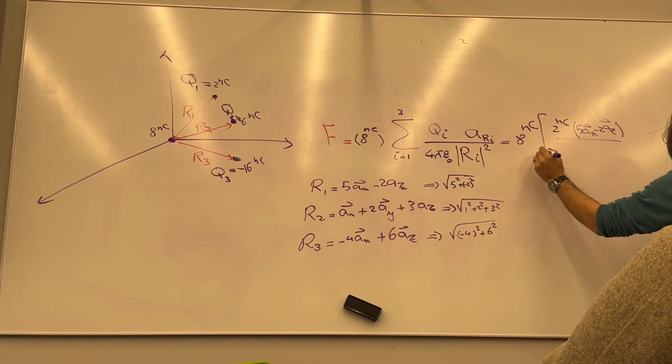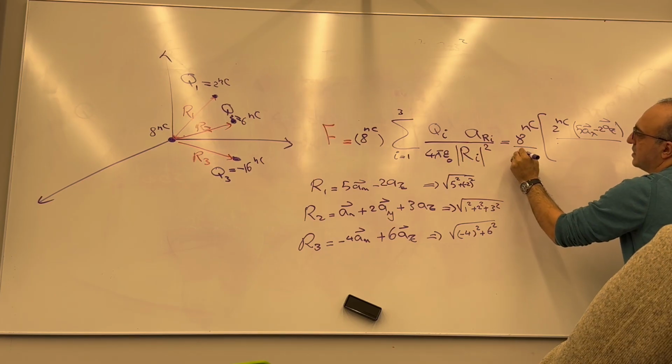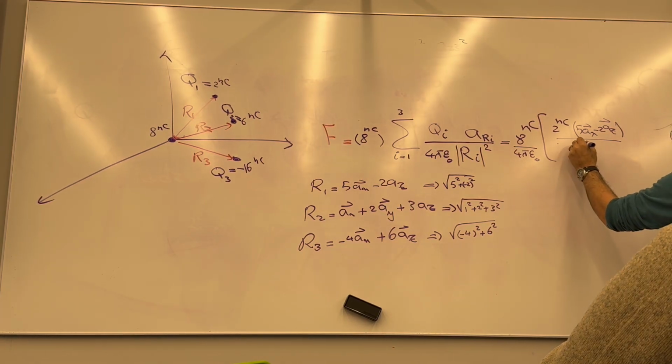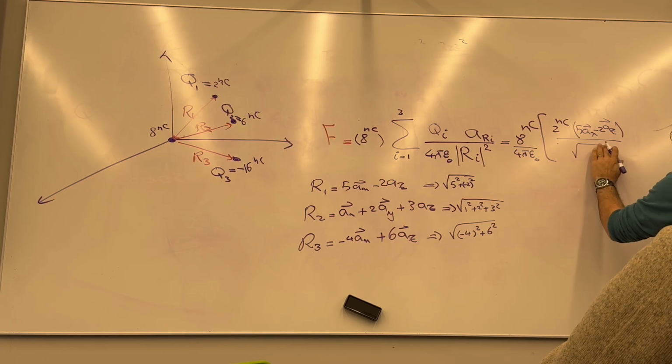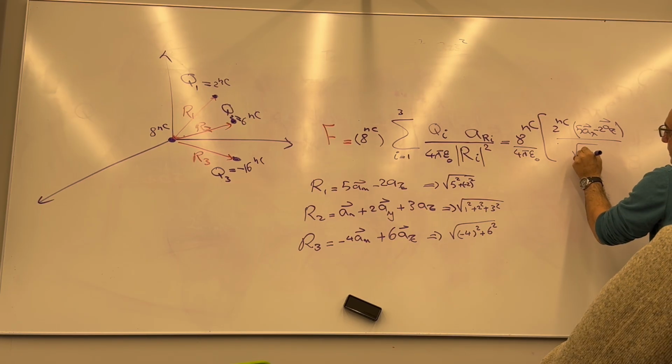over 4 pi epsilon. I can take it out. 4 pi epsilon is the same. And here I put 25 plus 4 is going to be 29.